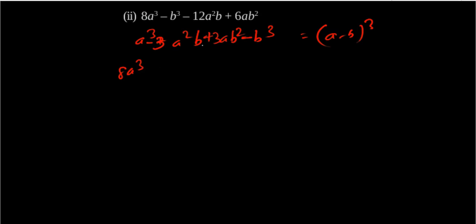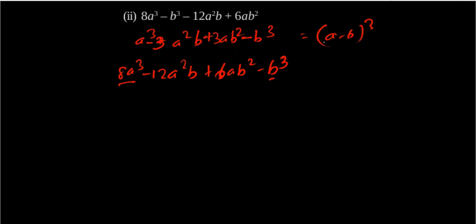Minus 3a square b can be this one, minus 12a square b plus 6a b square minus b cube. This is our given problem. From this, we need to identify what is a, what is b. Then we can factorize. So, we'll take cubic terms.